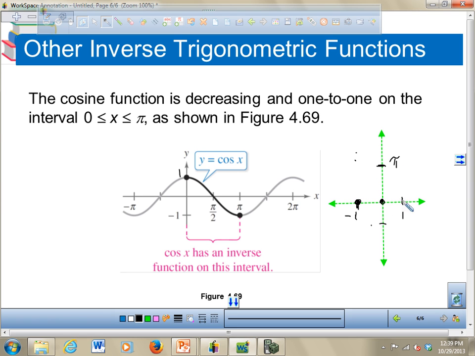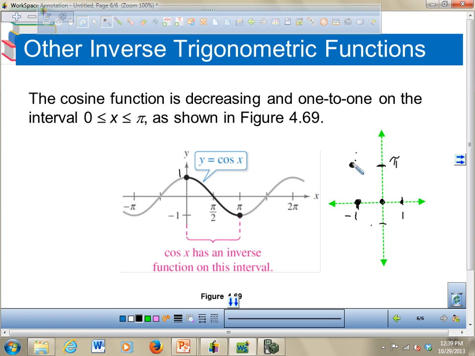So at pi radians, what is, so think of it backwards. Pi radians, what is cosine? What's cosine of pi? Unit circle. Negative 1. Okay? So at negative 1, inverse cosine is going to be pi.